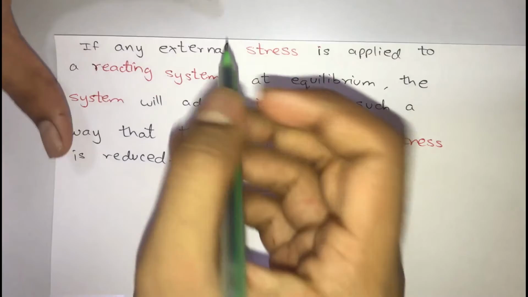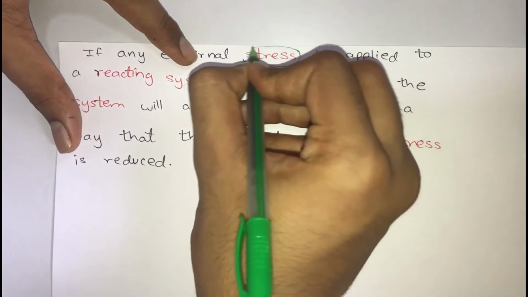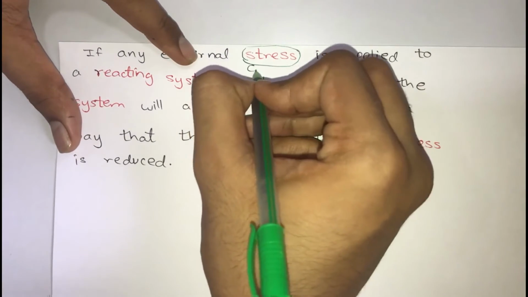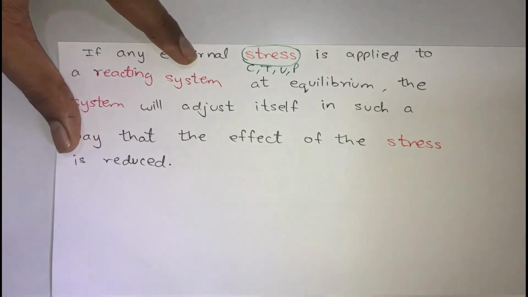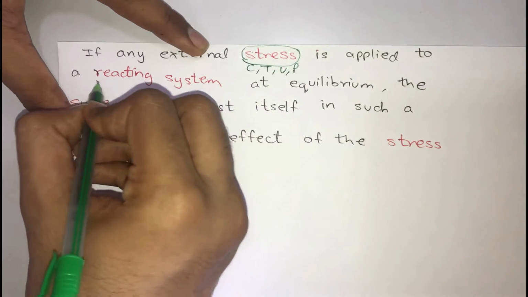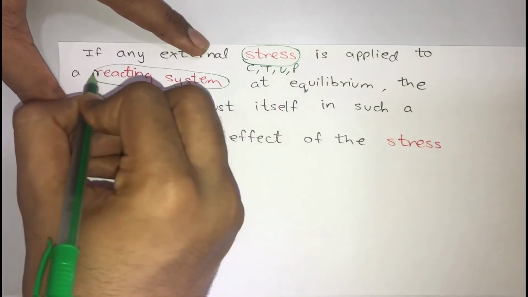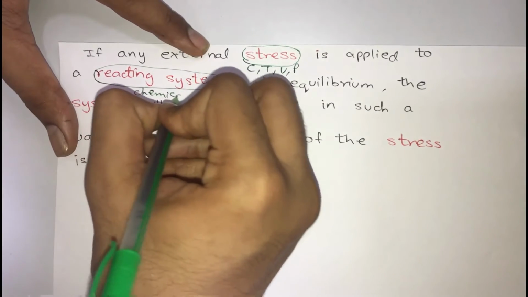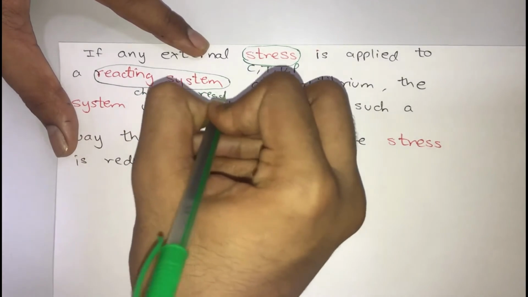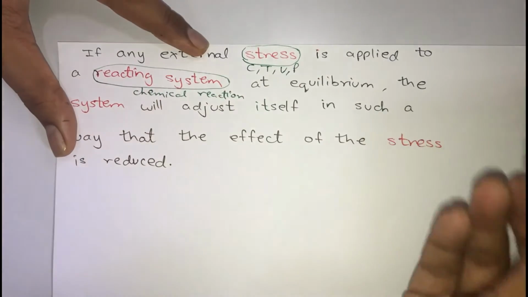Here the stress means concentration, temperature, volume and pressure. Here the reacting system, who is reacting over here? It is nothing but a chemical reaction which is at equilibrium.